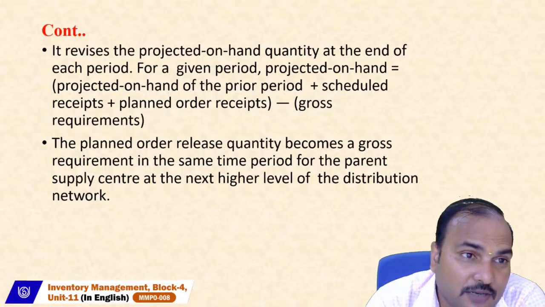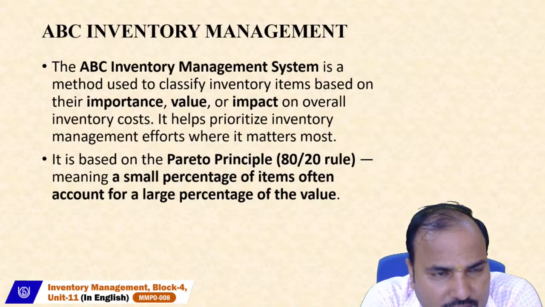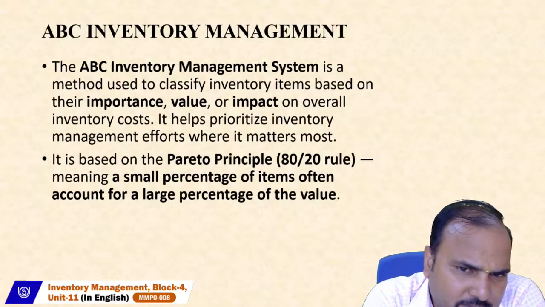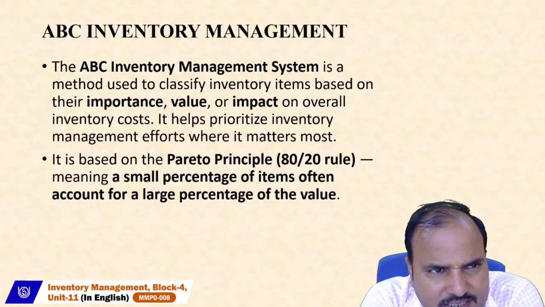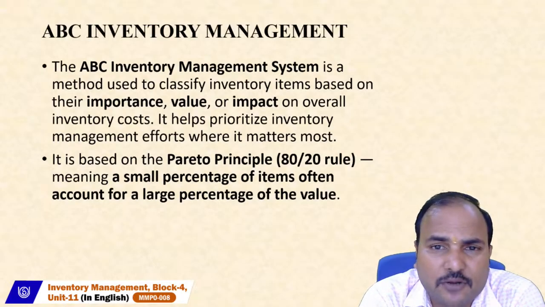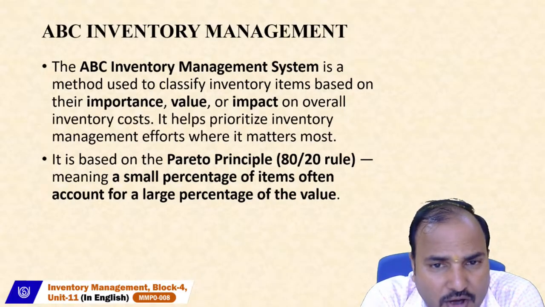So, in this system, let us know about ABC inventory management. What is the ABC inventory management system? The ABC inventory management system is a method used to classify inventory items based on their importance, value, or impact on overall inventory cost.